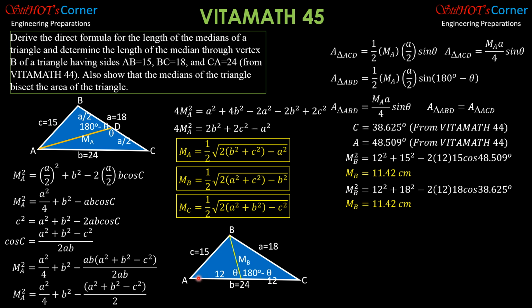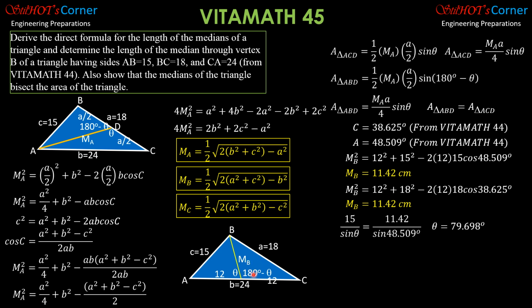So it is safe to use sine law here. So 15 as to sine of theta equals MB, which is 11.42, as to sine of angle A, which is 48.509 degrees. So solving for theta, theta is 79.698 degrees.